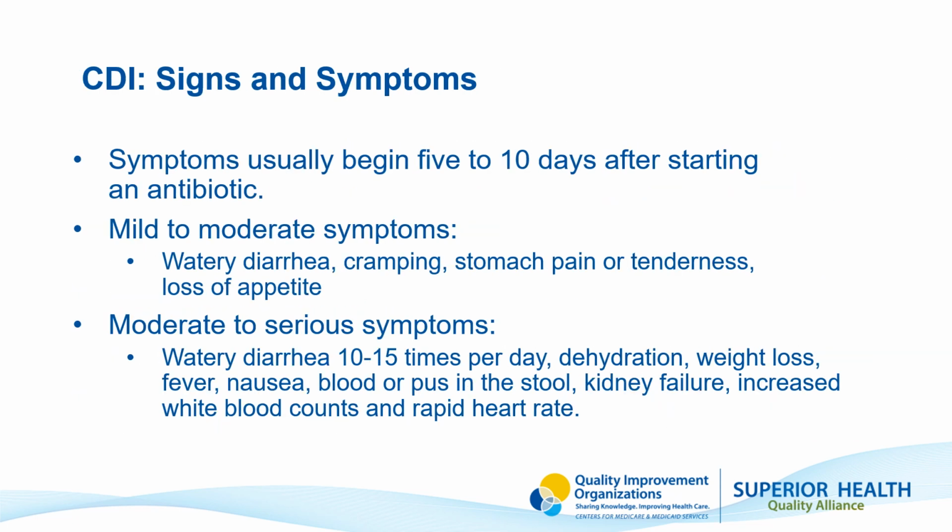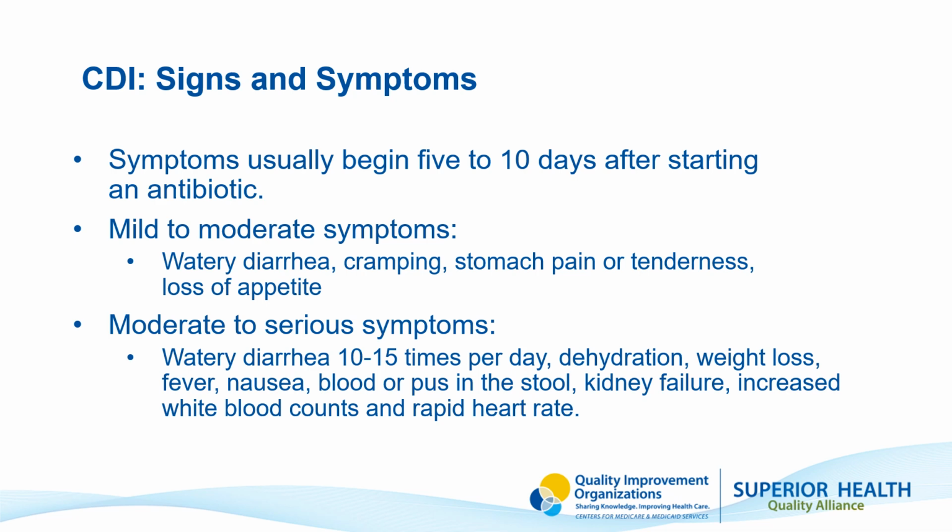Signs and symptoms of CDI. The symptoms of CDI usually begin 5 to 10 days after starting an antibiotic. Individuals may experience a range of symptoms from mild to severe. The mild to moderate symptoms include watery diarrhea, cramping, stomach pain or tenderness, and loss of appetite.